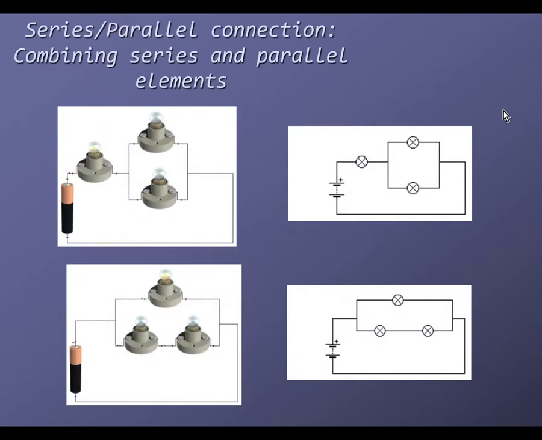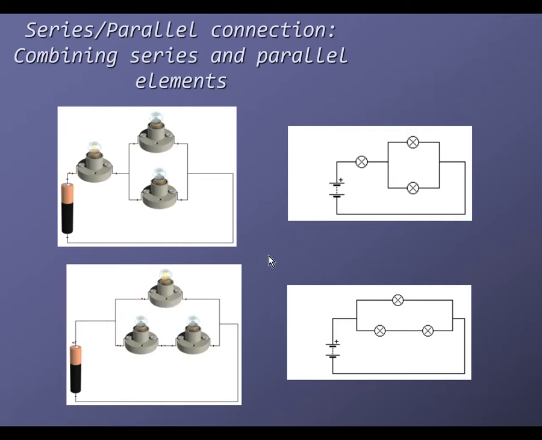We have this type of circuits in which we can find elements in parallel connected to other elements in series connection, like this first example up here, and another type in which we can find a series connection, like these two lamps in parallel with another element.